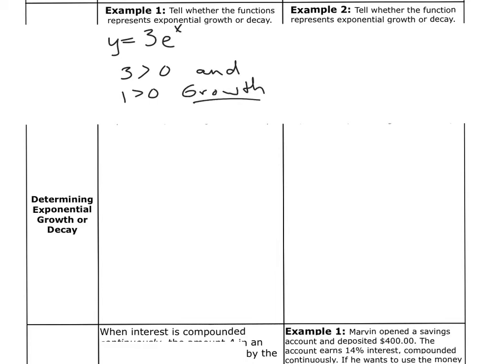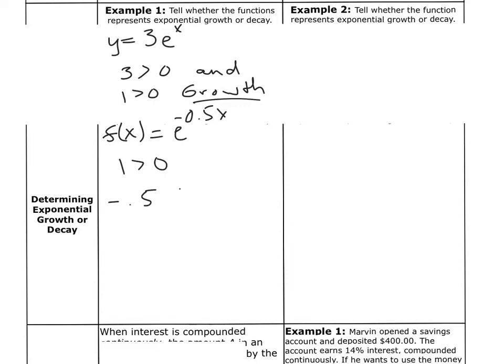Okay. Now, let's take a look at the flip side. Say I gave you f of x, switch it up a little bit, is equal to e to the negative 0.5x. So looking at this, the a value is greater than 0 because it's 1. But if we look at the r value, the r value is negative 0.5.